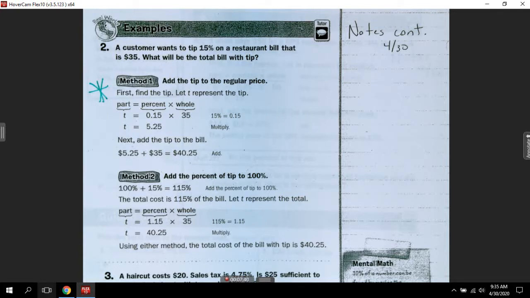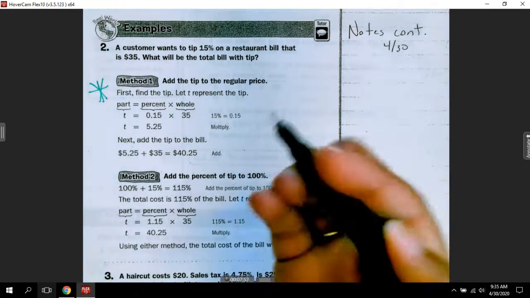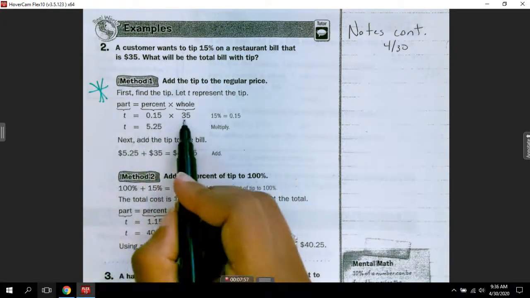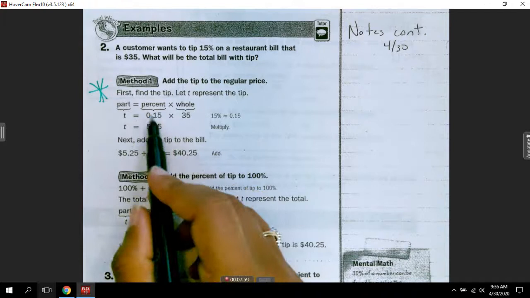So we know that the bill costs $35. We know that we want to tip 15%. So what we have to find out first is how much money are we tipping? We know it's going to be 15% of that bill, but how much is it? So again, we're still going to take that original price, and you're multiplying it by the percent.